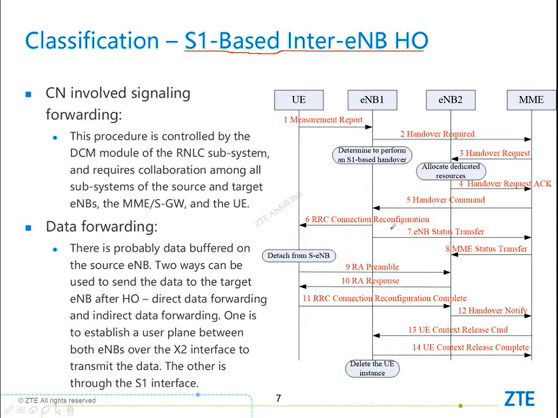The same problem: the eNodeB 1 cannot send information to the eNodeB directly, so it needs to send to the MME, and through the MME send status to the eNodeB 2. Okay, so in number 9 and number 10, the UE will try to access the eNodeB 2. After access, the UE will send an RRC connection reconfiguration complete to the eNodeB 2, just informing the new eNodeB, now I have succeeded in handover.